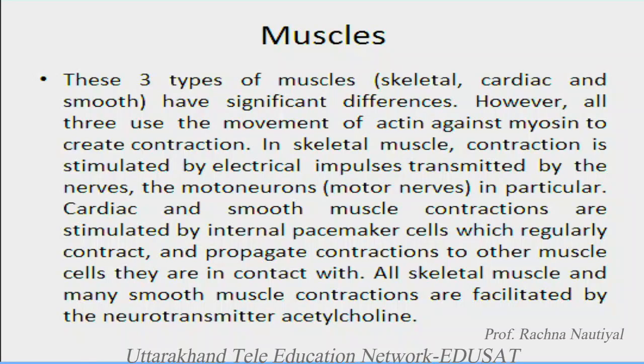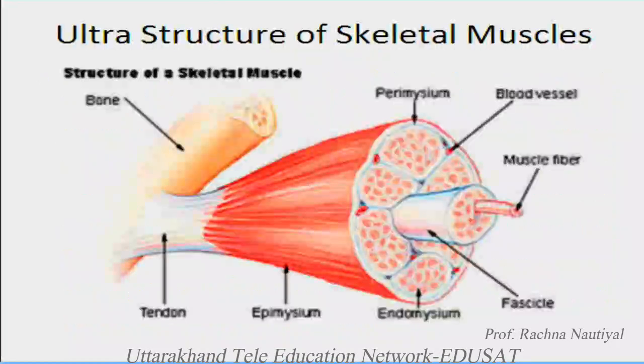In between themselves, they pass on their contractions to the other muscles. So all skeletal muscle and many smooth muscle contractions are facilitated by the neurotransmitter acetylcholine. This is a chemical which is actually responsible for the contractions, which acts to produce the contraction.